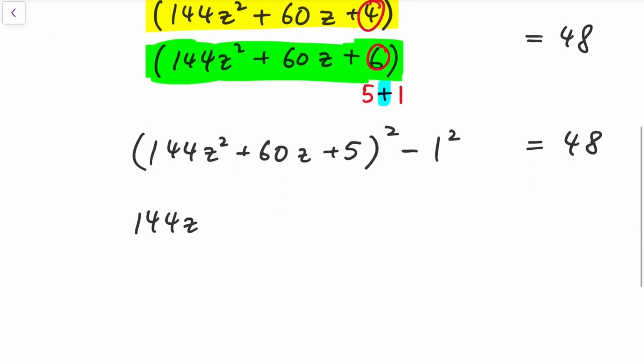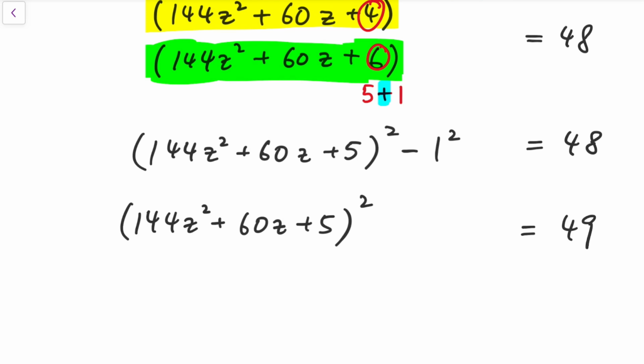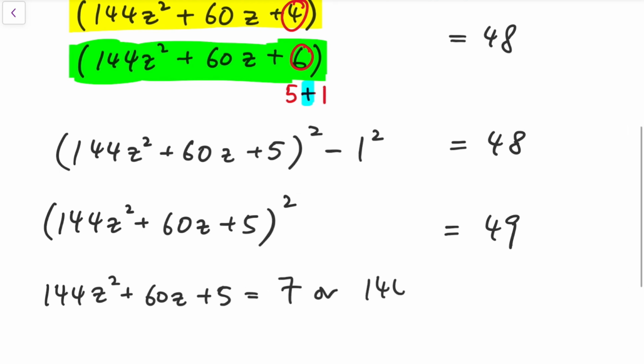So that means this perfect square is equal to 49, and that's exactly 7 squared. So that means I can say this quadratic is either equal to 7 or is equal to -7.